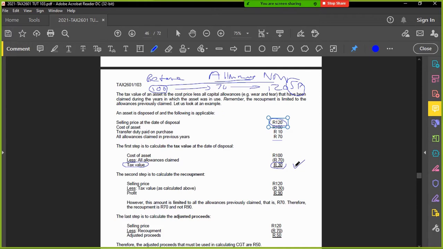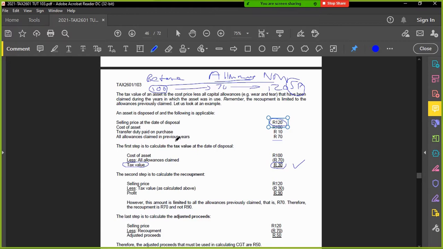Why don't you use transfer duty? Transfer duty is a tax, not a cost. It's just a different type of tax. Remember when we started this course, you had a list of different types of taxes, like value-added tax, estate duty, import-export, all of that. What is transfer duty?